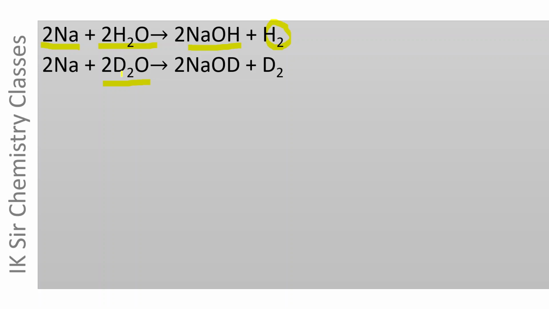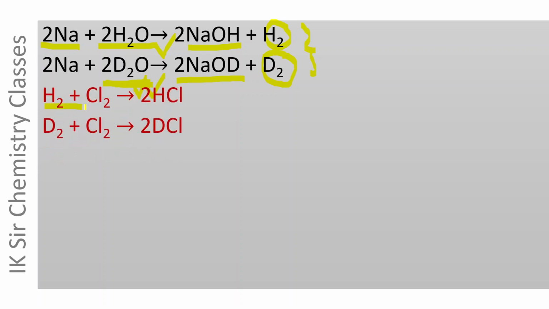Water containing the heavier isotope of hydrogen is called heavy water. It is represented by D2O. Sodium reacts with heavy water, forming NaOD and liberating D2 gas. Similar reactions take place with normal water and sodium.